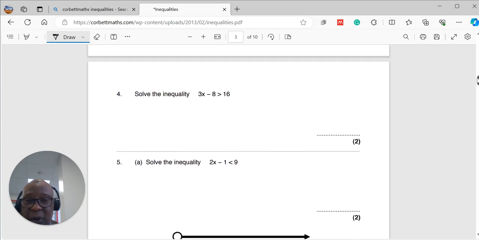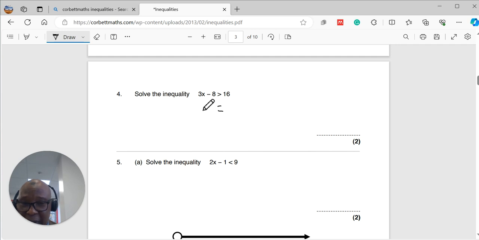What about inequalities where we have to solve? The best thing to do is to always treat the inequality like you're solving an equation. So you can think about it like the equal sign there. So we've got 3x minus 8 is equal to 16.